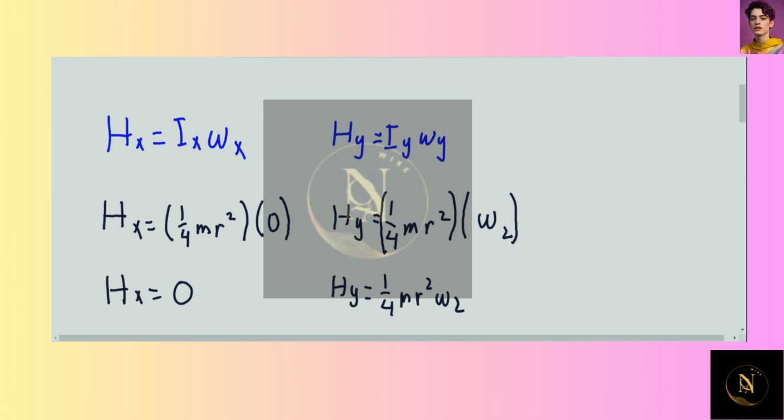And I will find the last component in the z direction. And we found that the moment of inertia in the z direction is 1 over 2 times mr squared times omega 1.